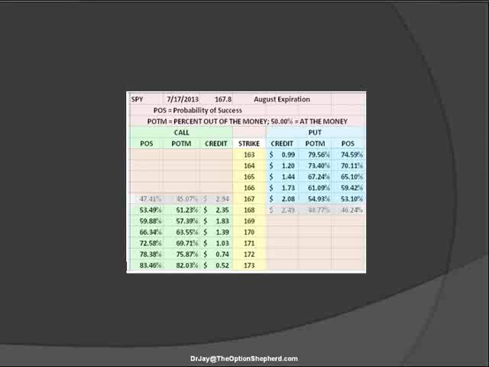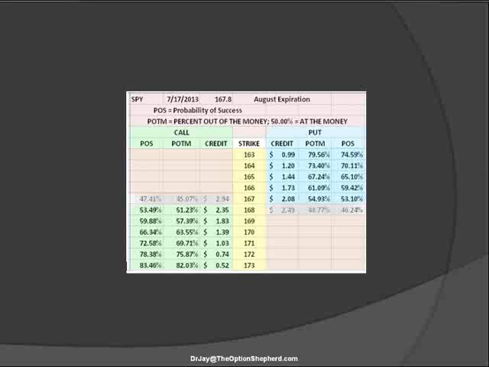This is a table of August expiration call and put option price quotes for SPY on 7/17/2013. When the data was captured, the price of SPY was $167.80. The out-of-the-money quotes are in bold. The grayed outlines are in the money. The left side is for calls, and the right side is for puts.